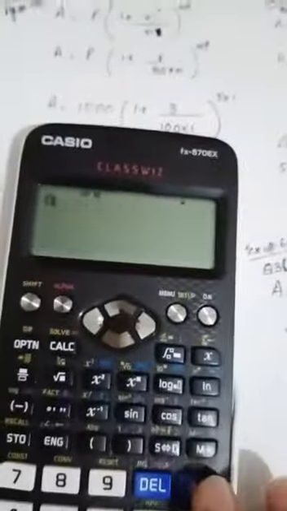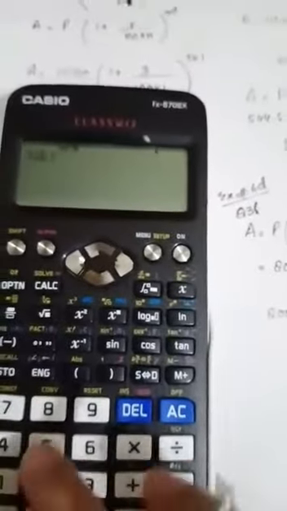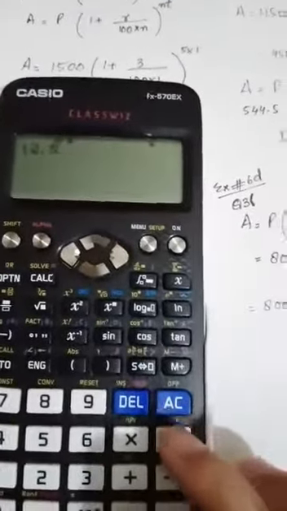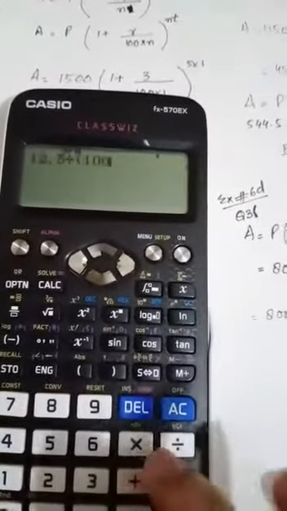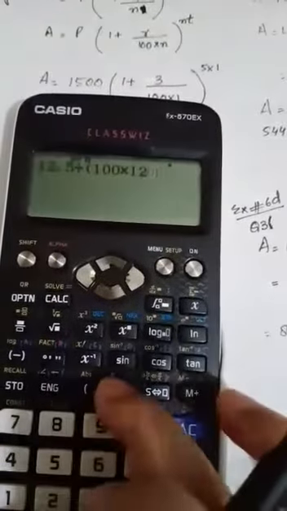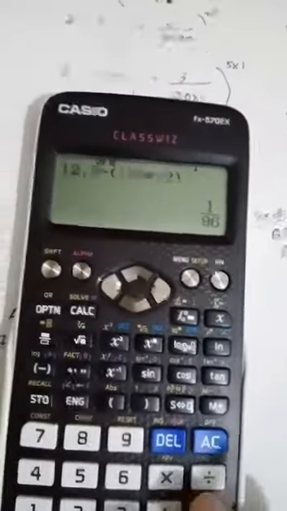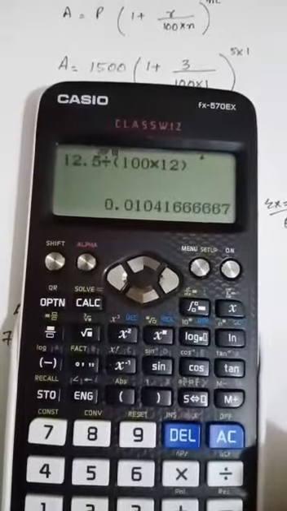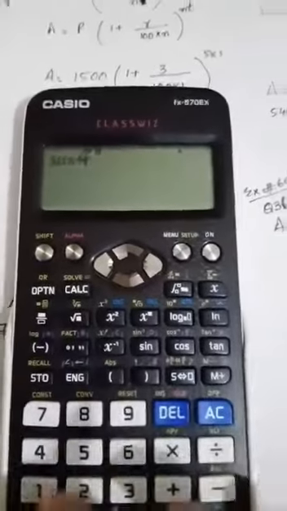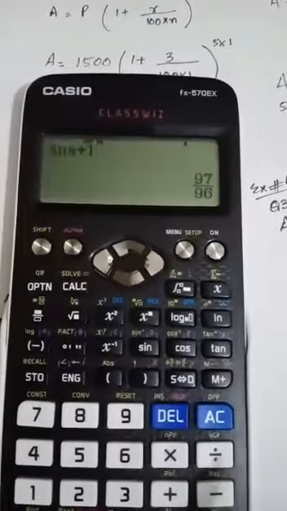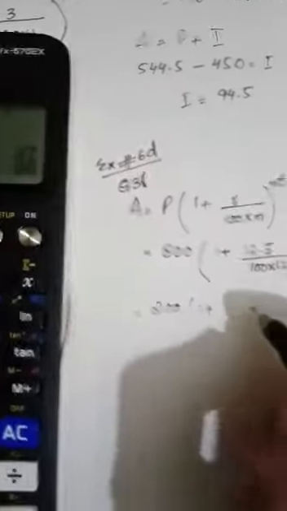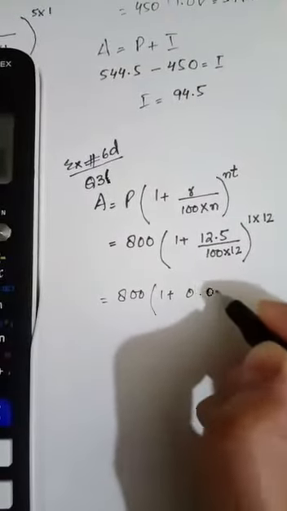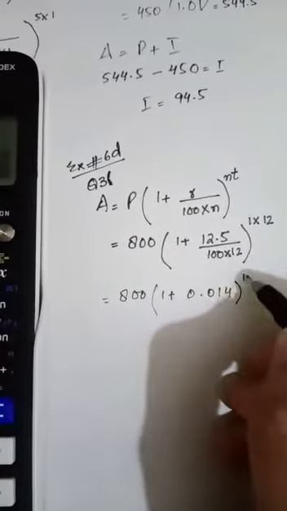So it's 12.5 divided by 1200. So it's 0.010. Then we will add 1 to this. Then what is the power? So we're getting 1.010 and the power is 12.